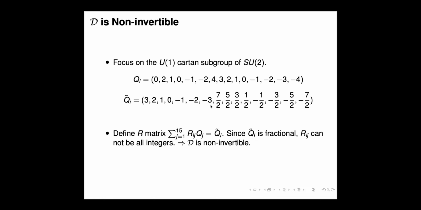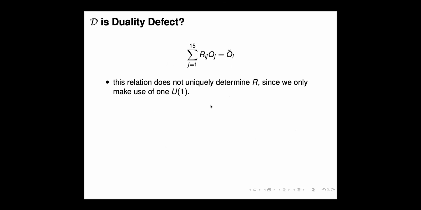If it's invertible, then the R matrix must be an integer vector. Okay, so it's a non-invertible symmetry. But what is it? There needs to be some duality associated with gauging some finite abelian group. And I want to show that it is not.